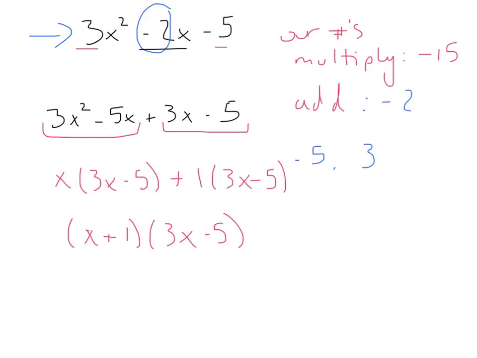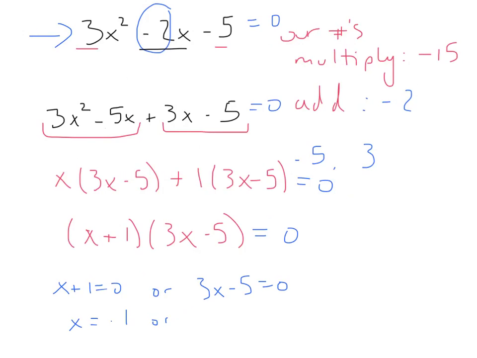And just to refresh our memory, if we had that this was equal to 0 all the way through, well now, when I get down here, I've got two numbers that multiply to 0. So I get x plus 1 equals 0, or 3x minus 5 equals 0. So I get x equals negative 1, or x equals 5/3. So a helpful technique for finding solutions to that top equation without using the quadratic formula.